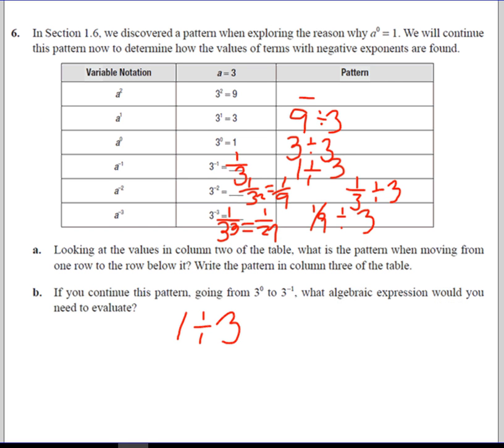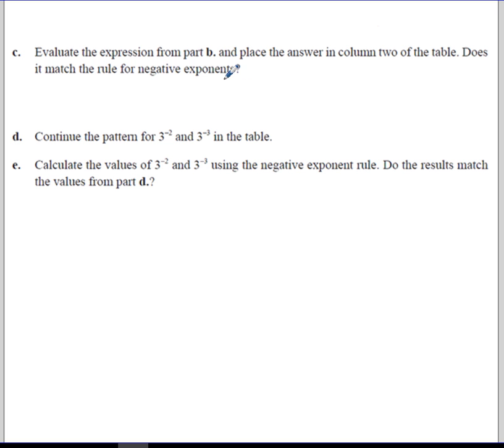We've already done these, so we get them to match. And we did the pattern, and yes, the patterns match. So again, we can take the previous number and divide it by 3, since that was the base, or we can follow the rules of our exponents and work it that way.